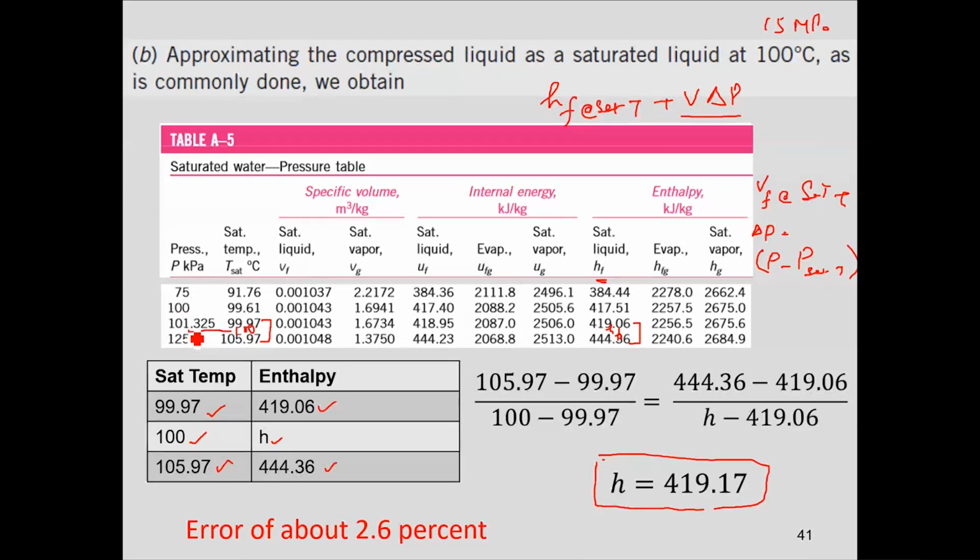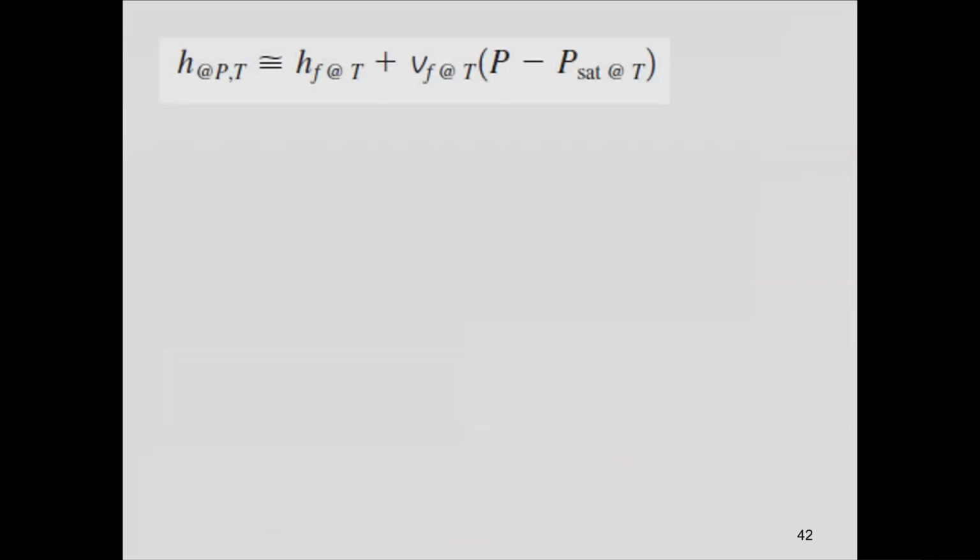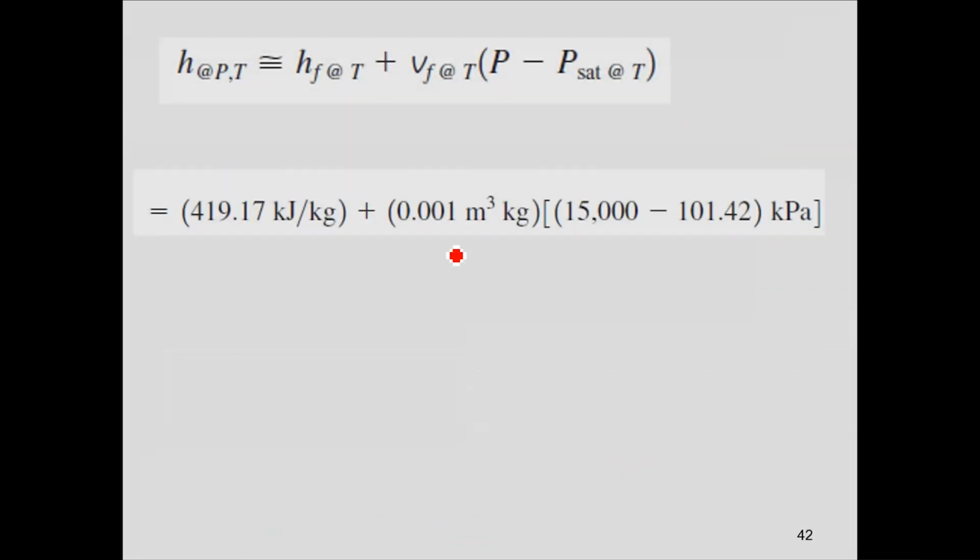So the pressure corresponding to this pressure, and the vf is a specific volume which is in between these two volumes. This is vf of saturated liquid at 100 degrees centigrade. Now if you plug in the values, this was the initial approximation that you used.